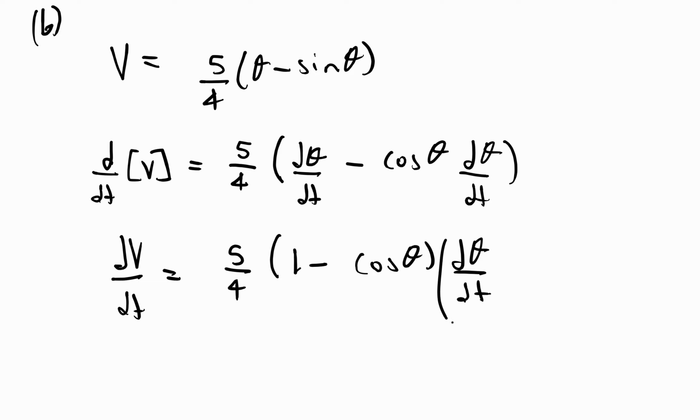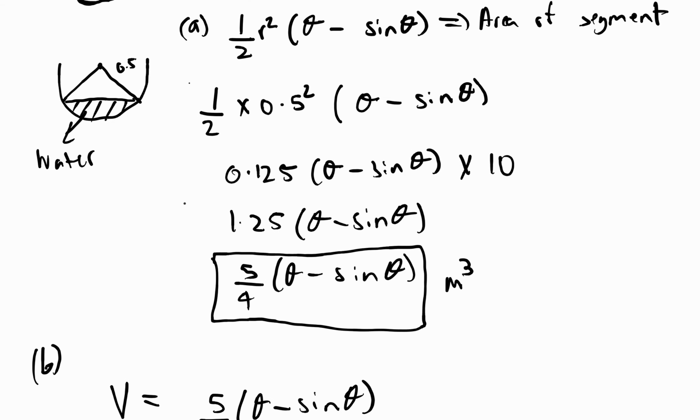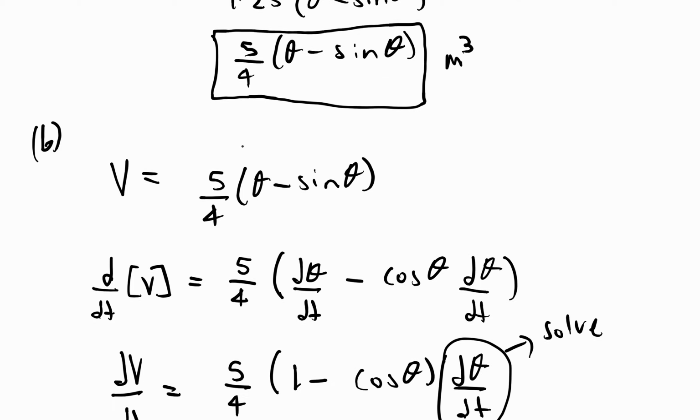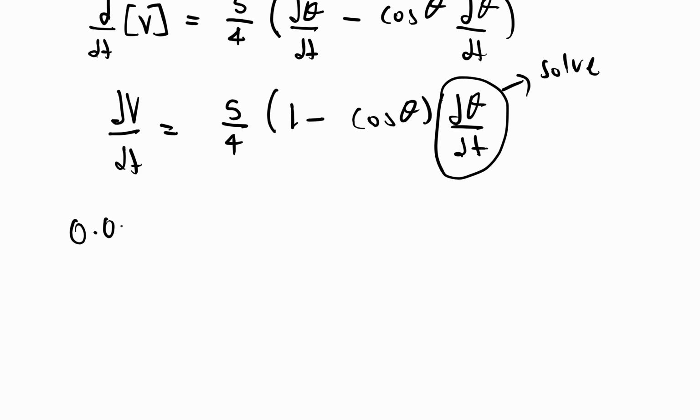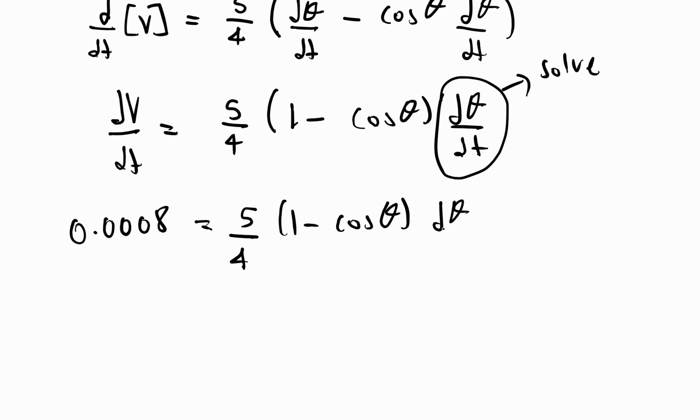Now this is what I want to solve for. We have what dV by dt is, that's 0.0008. So let's just put that in: 0.0008 equals 5/4 (1 minus cos theta) d theta by dt.